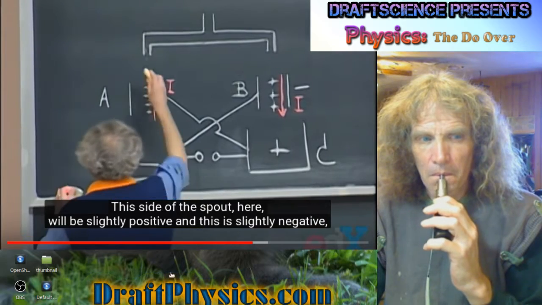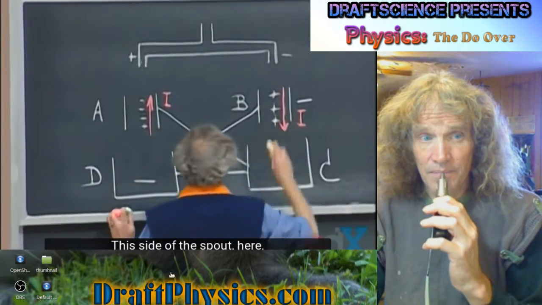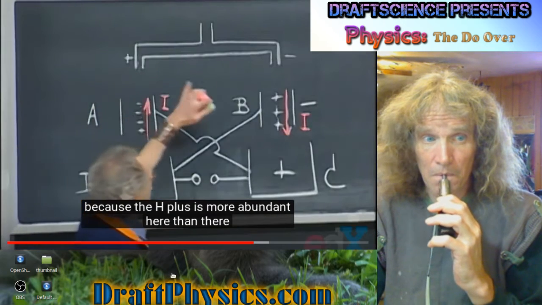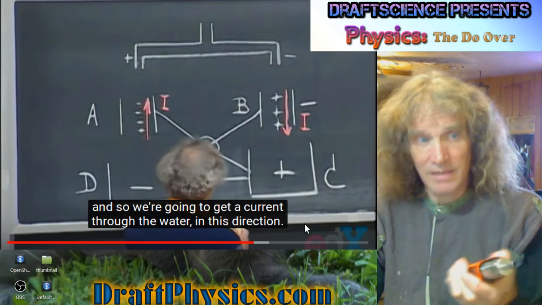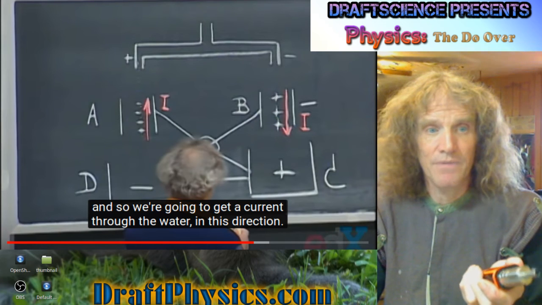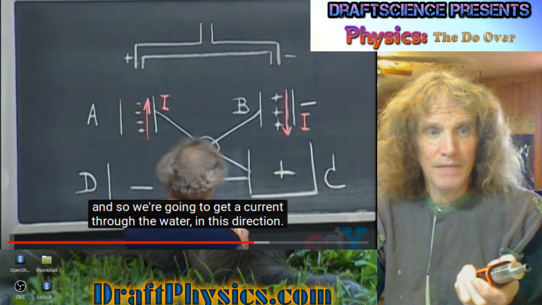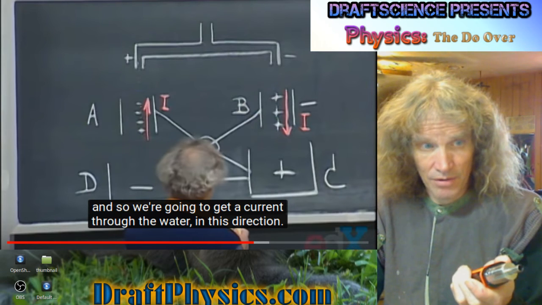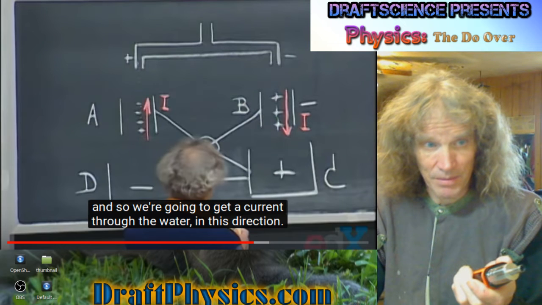This side of the spout here will be slightly positive and this is slightly negative because the H plus is more abundant here than there. Right, so that's the key to this whole thing, is the spout is the thing that's going positive and negative, and that's the place where you have your differential. This is where the dipoles are being separated.